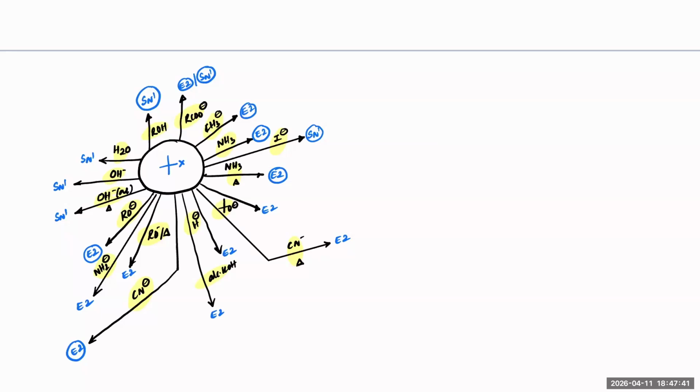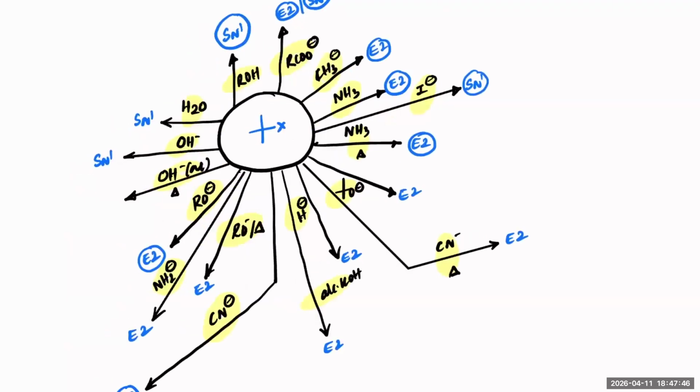Correct. Now notice here, I have made this a little wrong. When you have a tertiary position with OH minus or aqueous solution, you will have a competition of SN1 and E1 also. E1 would come, correct? But major or minor is very difficult to say.